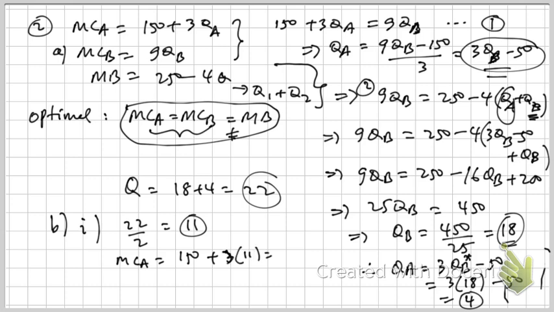This is something like 183, but marginal cost B is going to be 9 times 11, which is 99, which is less, so we have to produce more of this actually. Firm B must produce more if we are going to be efficient. So this is not really efficient.